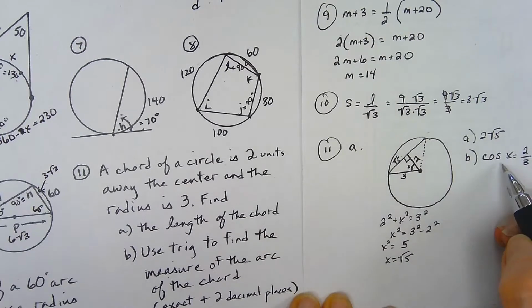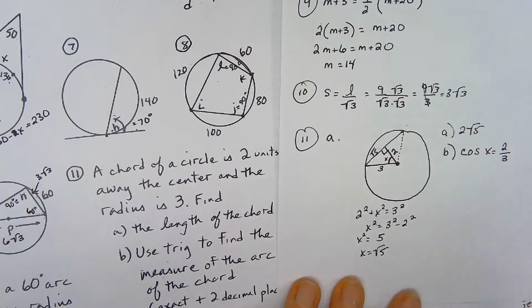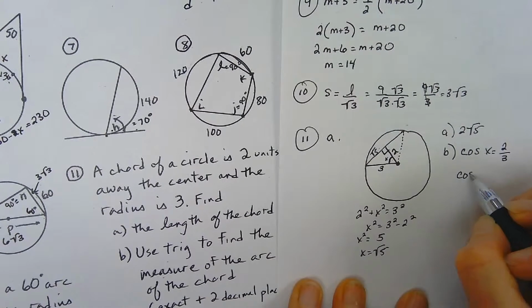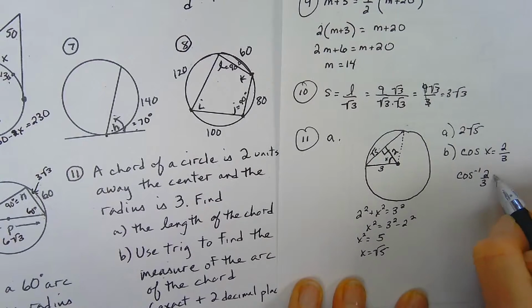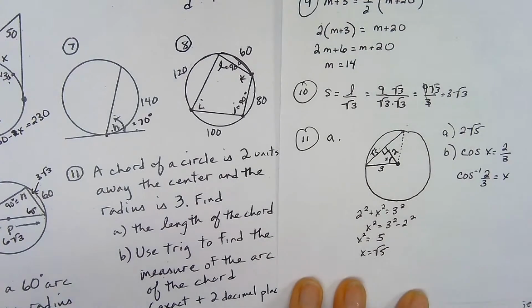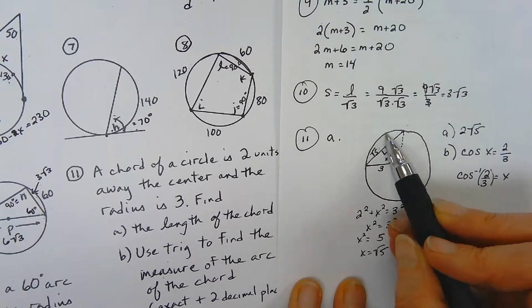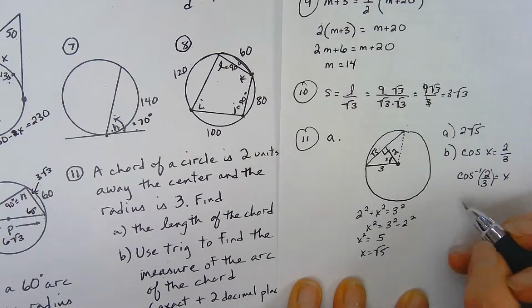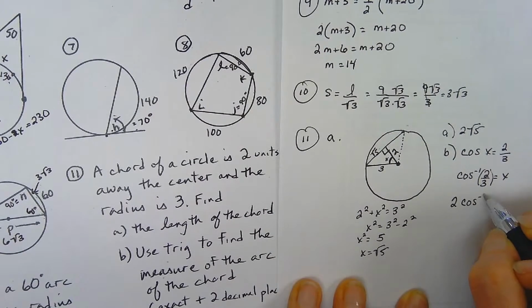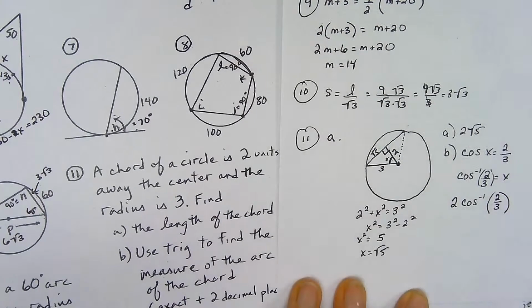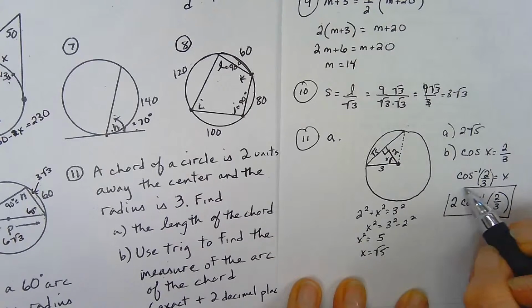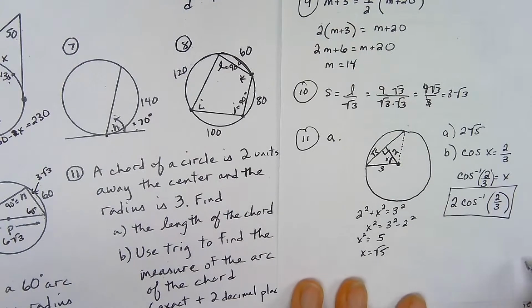To find x, we use the inverse. Cosine inverse of 2 over 3 equals x. If we want to find the whole angle, thus the whole arc, we'll just multiply that by 2. So the exact answer is 2 cosine inverse of 2 over 3. That's the exact answer for 11B.